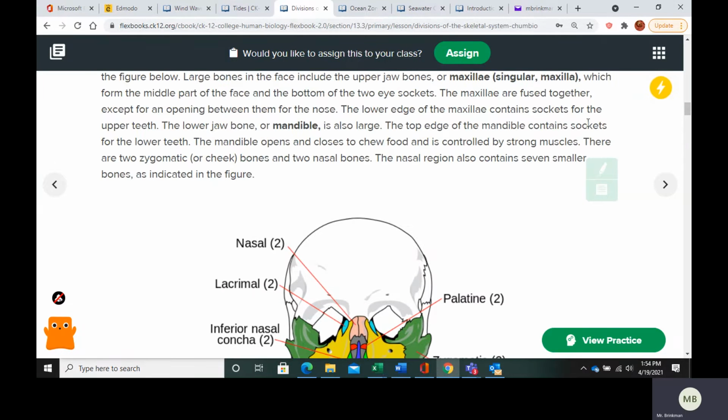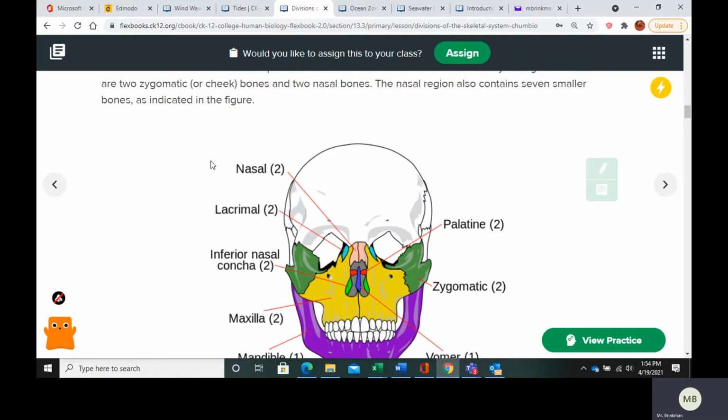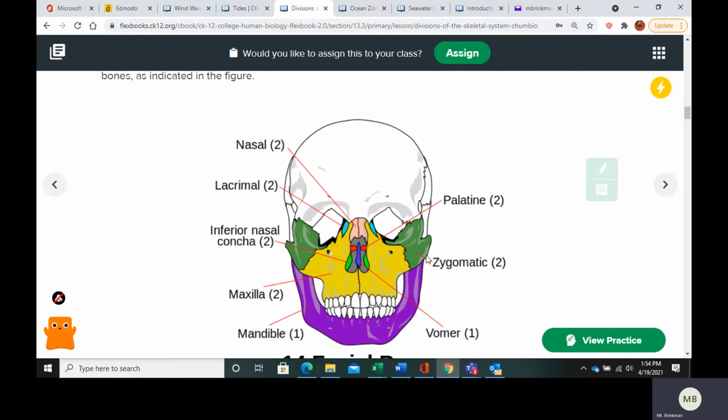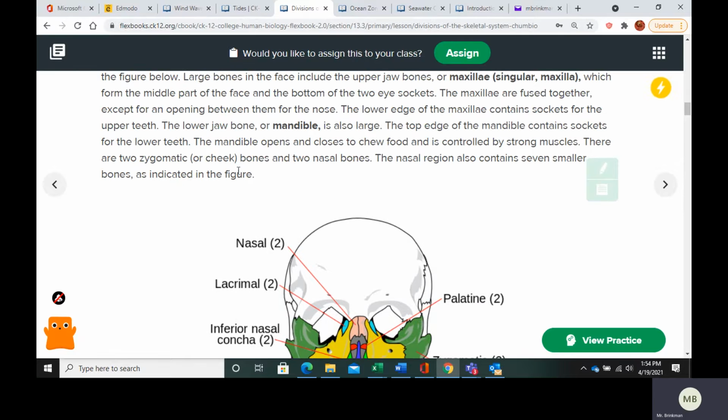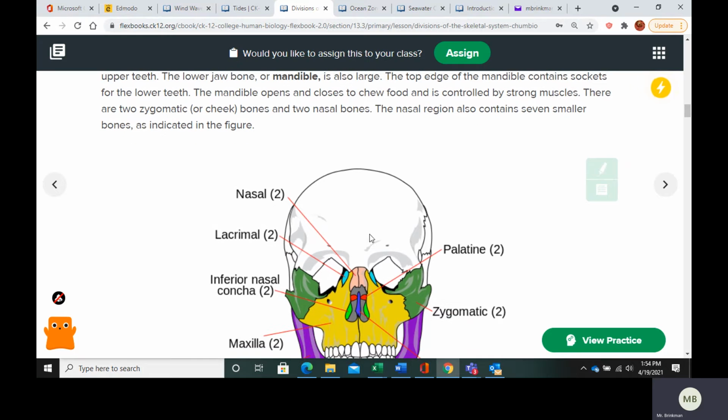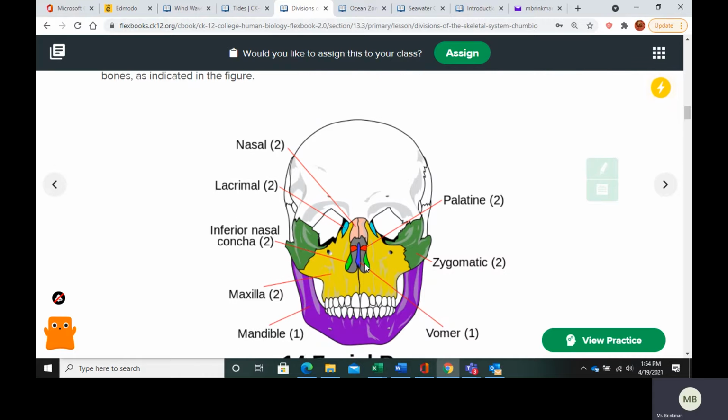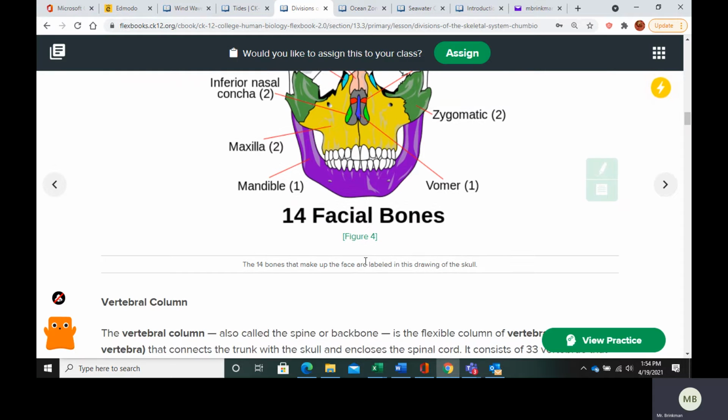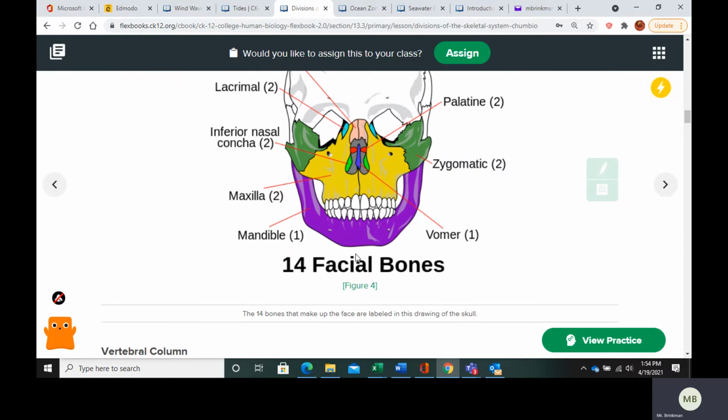Then 2 zygomatic or cheekbones, and 2 nasal bones right here. Then we have lacrimal and palatine bones, and a few others that we haven't mentioned yet.